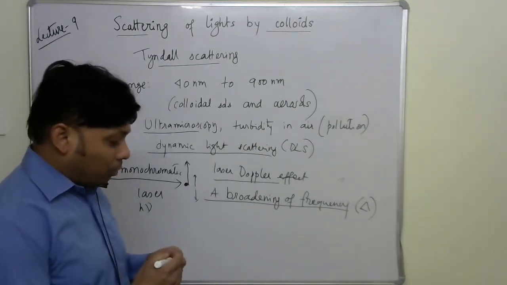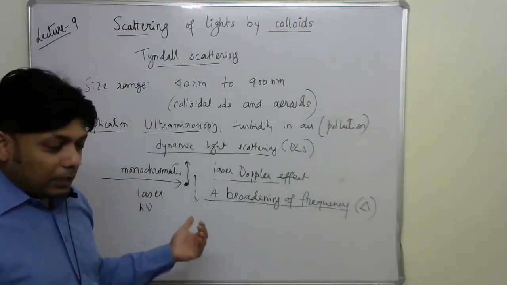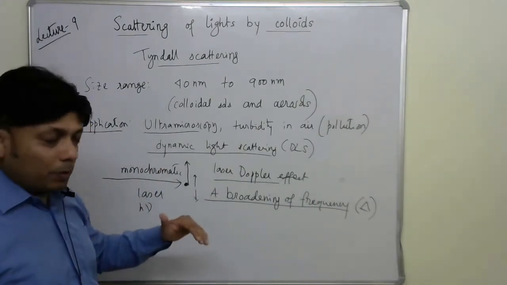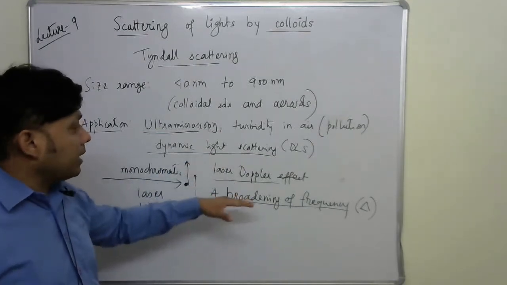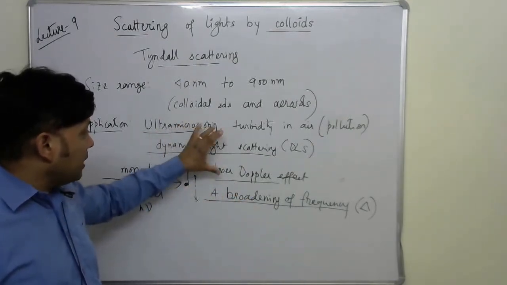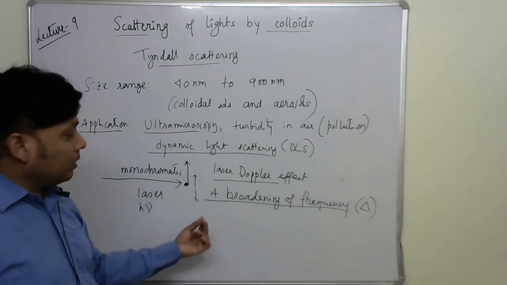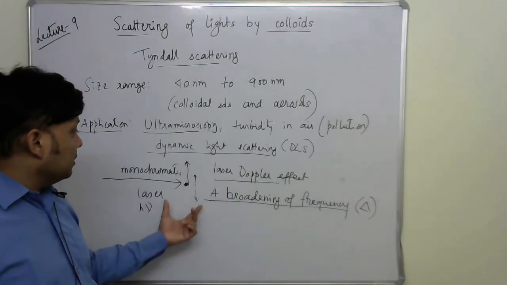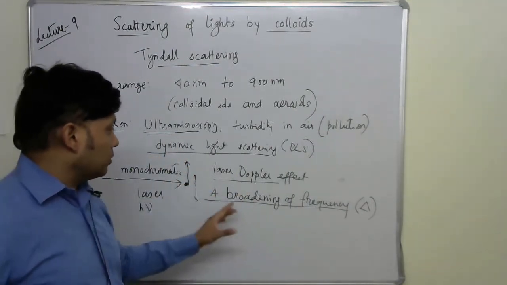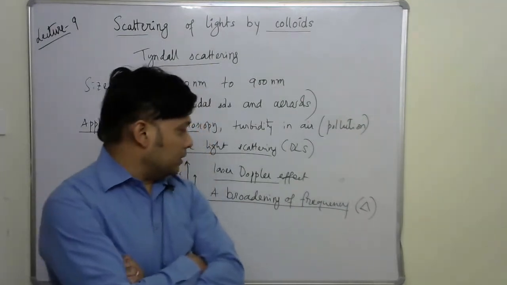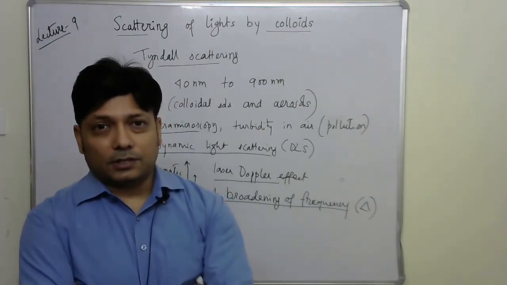The commercially available electrophoretic equipment that is equipped to measure the zeta potential also comes with the dynamic light scattering facility, and this technique is a measure of the diameter of the particles based on the laser Doppler effect, or the broadening of the frequency of scattered light due to the Doppler effect of the laser source.